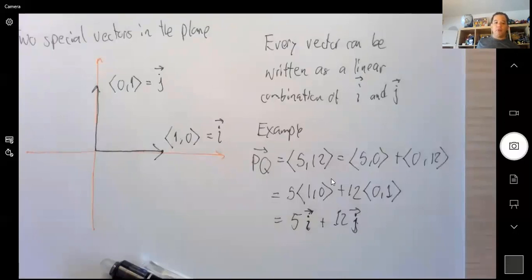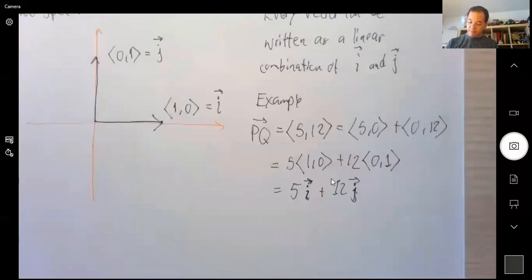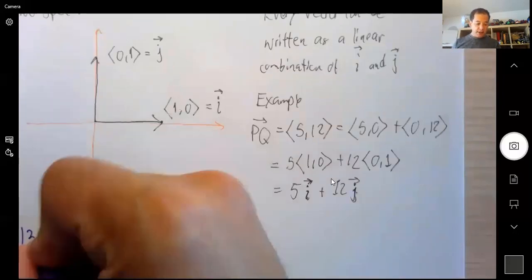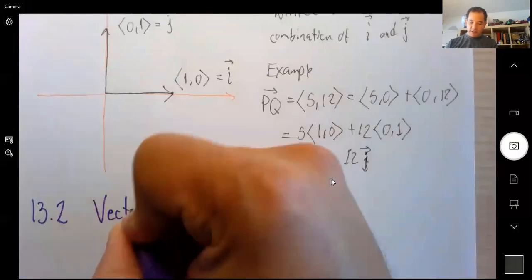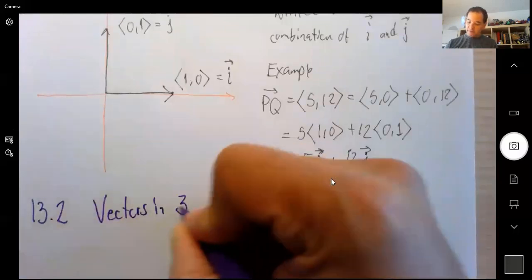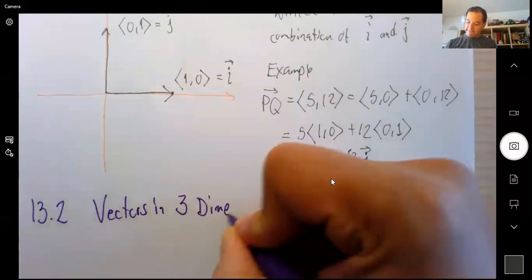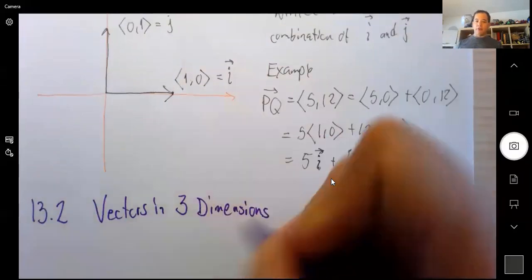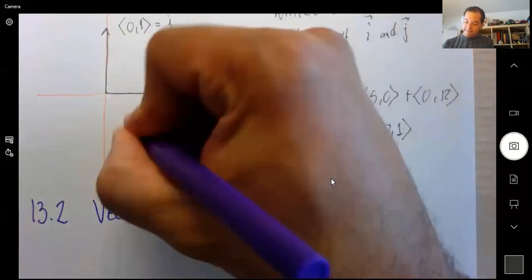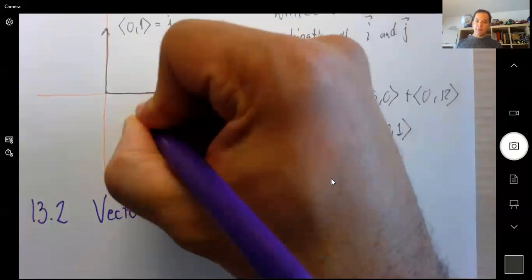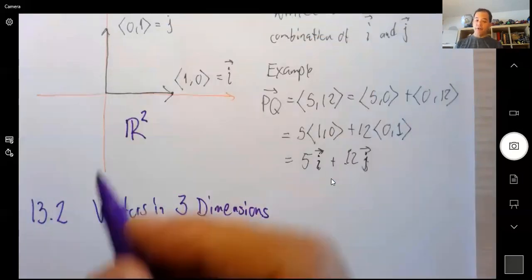So now we're going to move on to the next section, section 13.2, and we're now going to learn about vectors in three dimensions. The vectors we had been studying before were in two dimensions. Two-dimensional space we call R2.